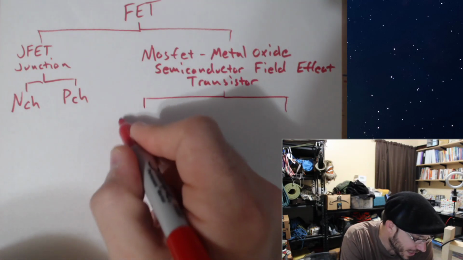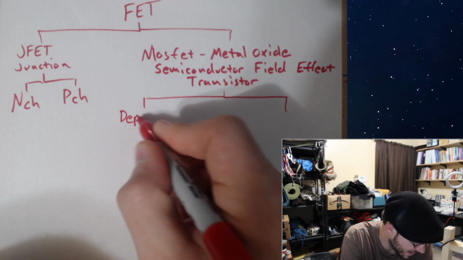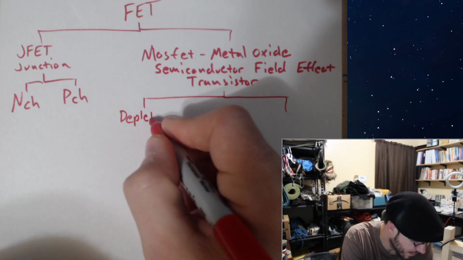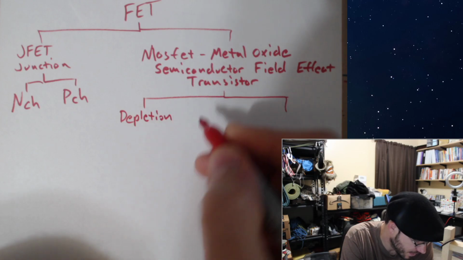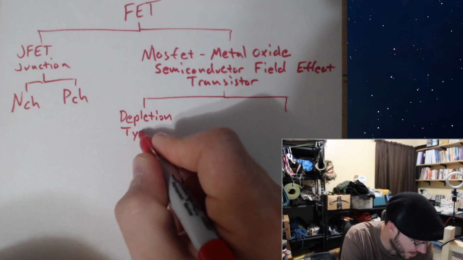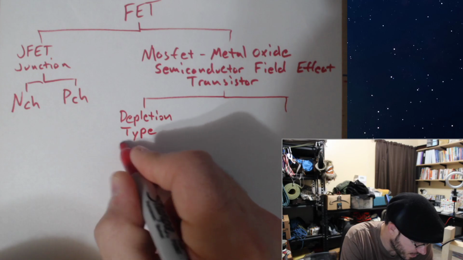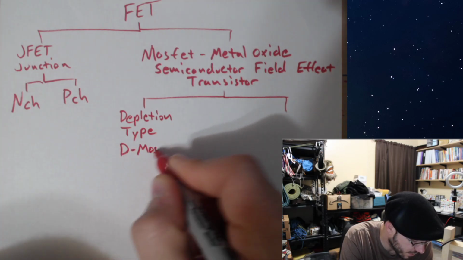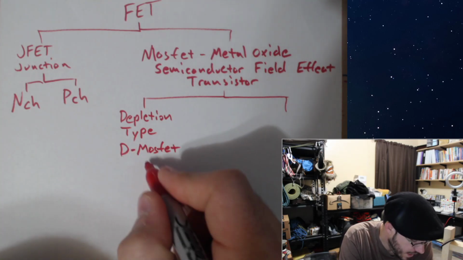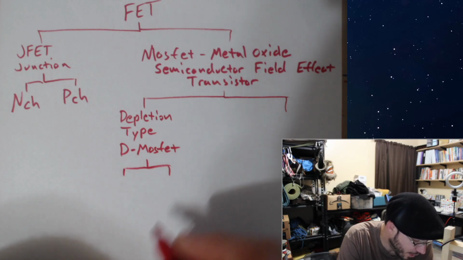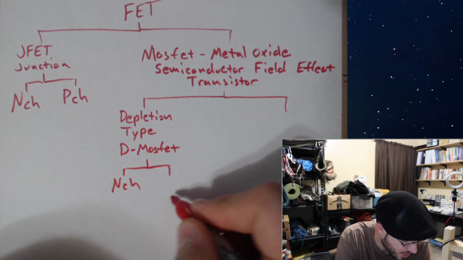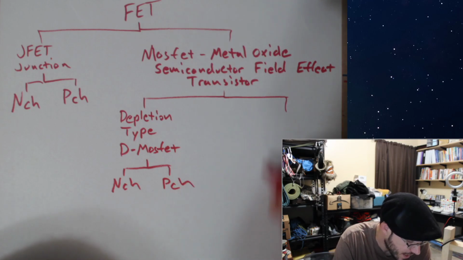Okay. And now, under this category of MOSFET, it actually breaks down into two others. One is the depletion mode. Or I should say depletion type. The D MOSFET. And with that, of course, we're always going to have these two versions, the N channel and the P channel.